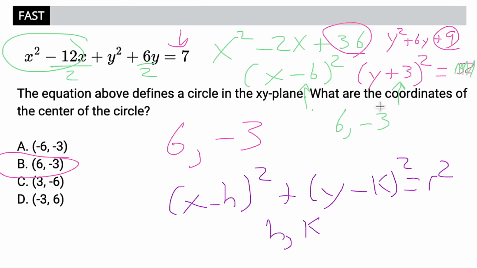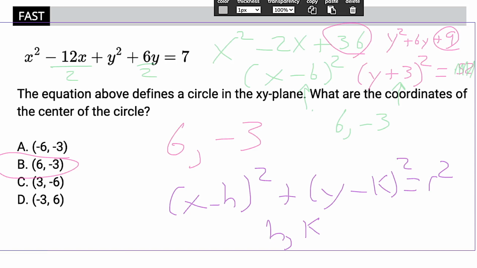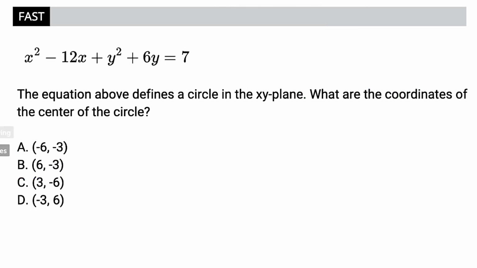But I skipped all of that because in my head, when I see this question, I know that my coefficient divided by 2 is automatically going to end up in the parentheses there. So the shortcut for this, with all that in mind, and go back if you need to, is if they're asking about the center and it's in this form, you just take the opposite of your coefficients divided by 2.